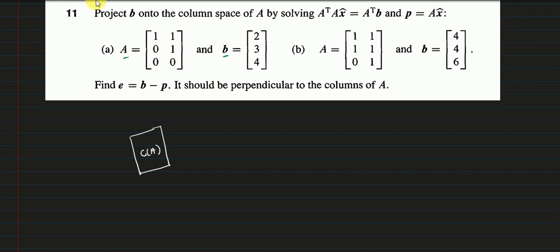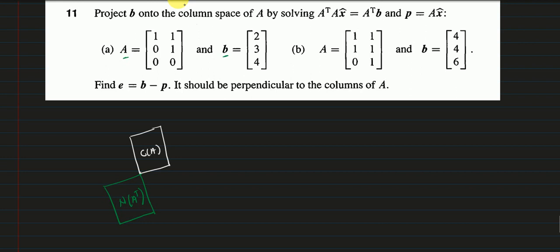From the fundamental theorem of linear algebra, we know that the orthogonal complement of this column space would be the left null space, that is the null space of A transpose. So these two subspaces are orthogonal, right?